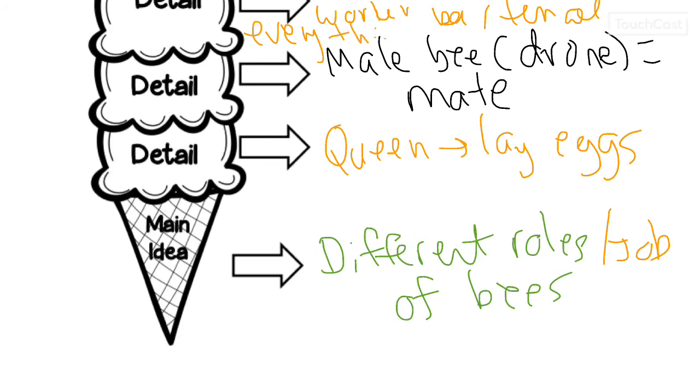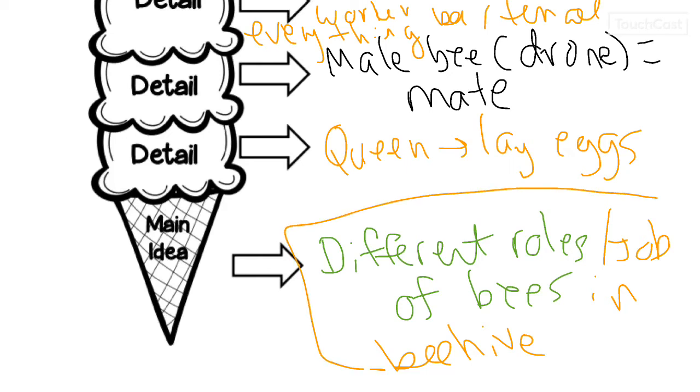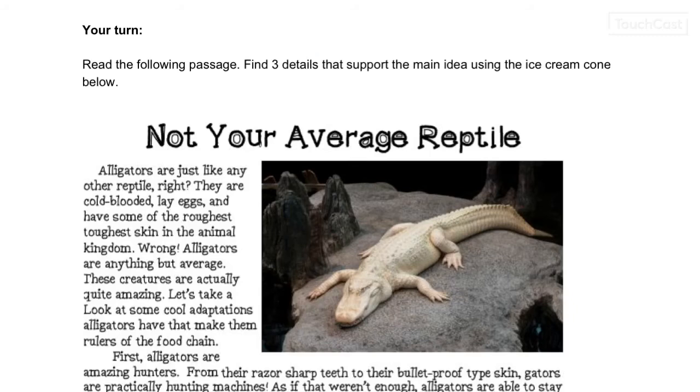So they do everything. They keep the beehive alive. I'm going to write also different roles of the bees in the beehive because that was the setting. Okay, so that's the general part, and all of these support it. The queen has different roles, the male bee has different roles, and the worker bee has different roles inside of the beehive.